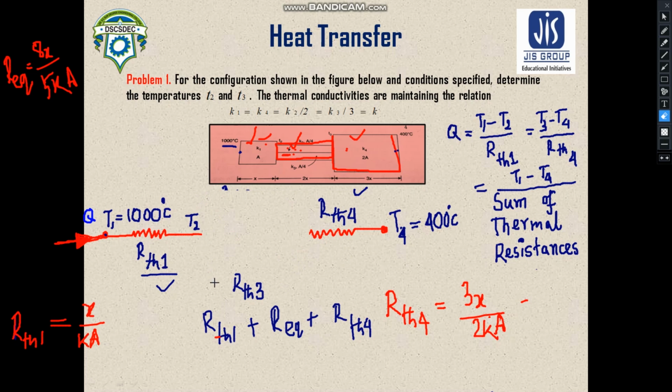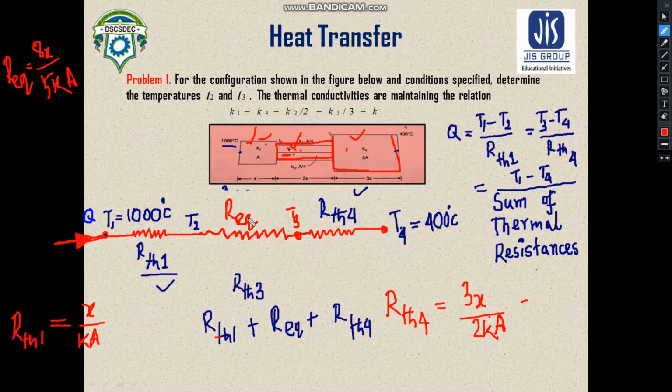Okay, you can remove this one, and you can place another one here. Now you have to mind that this has a temperature T3, but this resistance will be an equivalent one.